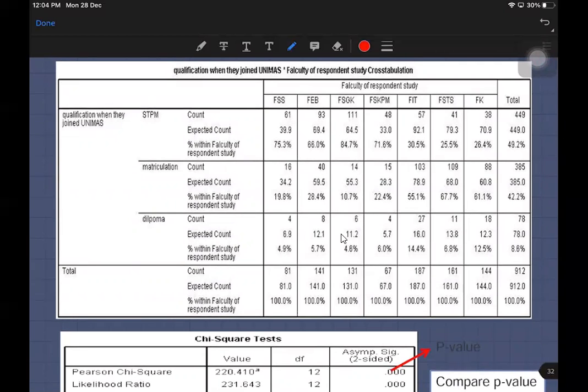Like the previous lecture, if you use SPSS, you just need to understand the concept of p-value. If the p-value is greater than alpha, your decision will be do not reject the null hypothesis. If your p-value is less than alpha, then you reject your null hypothesis.